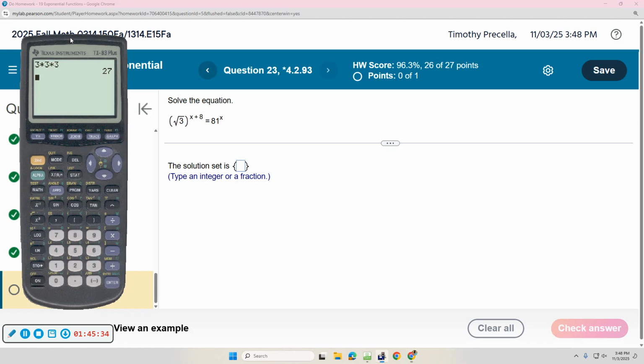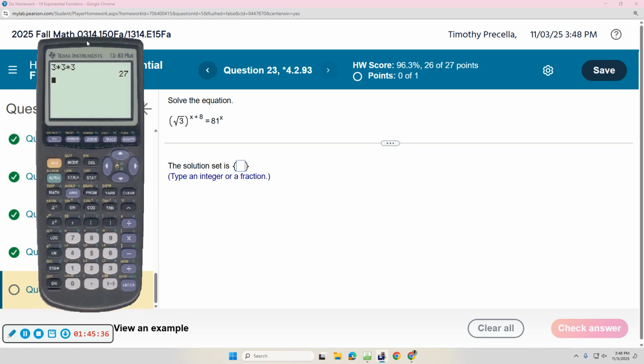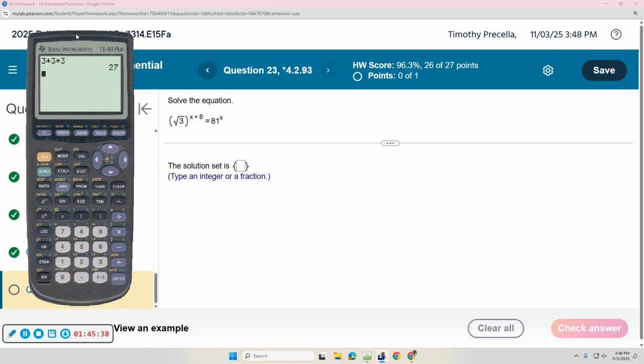Okay. This is number, do you think I have room down here? I'll write small. This is number 23. It's another square root of 3. It's square root of 3 to the x plus 8. I don't think I'm going to have room down there.